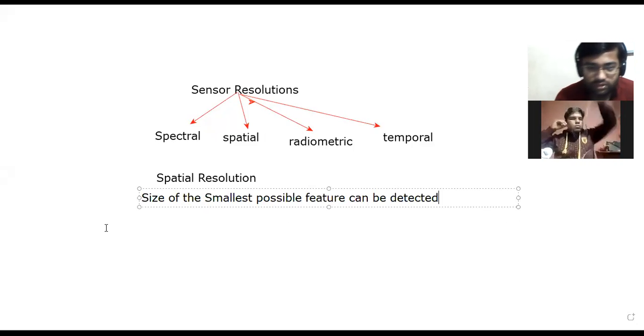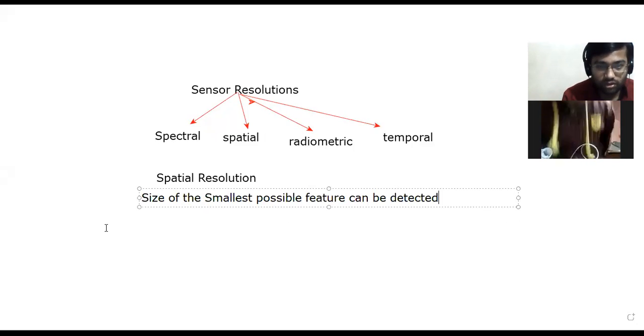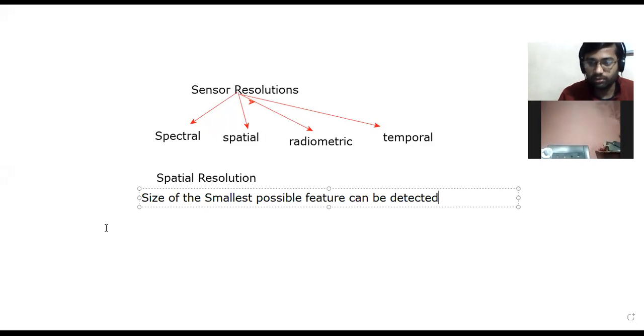It means we can study every detail in the image or photo imagery, because you can compare the sizes of the smallest possible objects as well. So you can have an idea about the relative size.